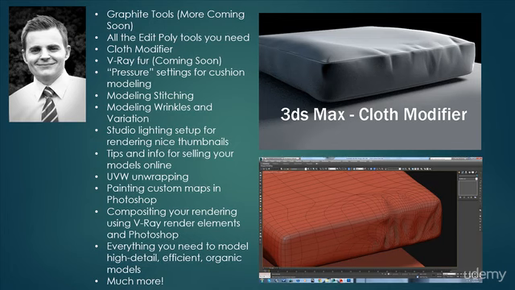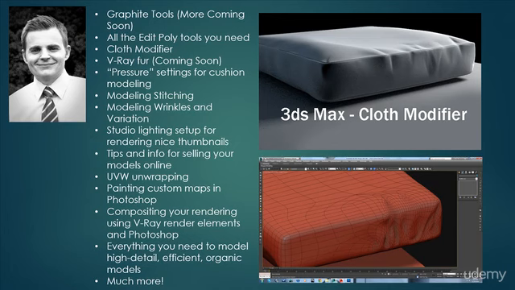I'll show you how to model stitching, modeling wrinkles and variation into your furniture, studio lighting setup for rendering nice thumbnails, tips and info for selling your models online, places like TurboSquid, UVW unwrapping, painting custom maps in Photoshop, compositing your rendering using V-Ray, render elements, and Photoshop, everything you need to model high detail, efficient, organic models, and much more.